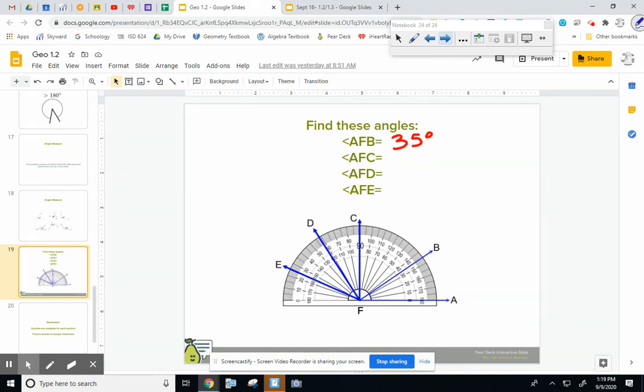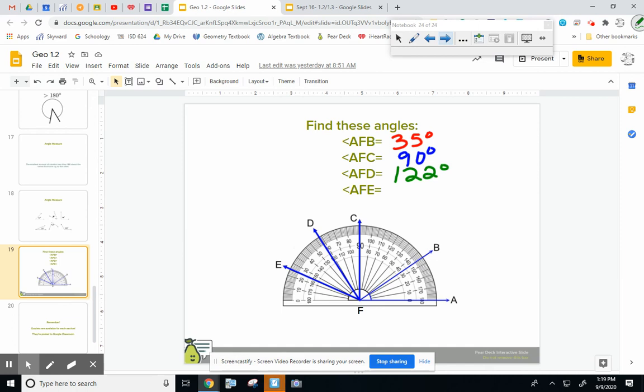Next, I have A, F, C, and that's right at 90 degrees. Then we have AFD. Now this is a big angle, kind of covered it up here. AFD is about, what, 122 maybe?